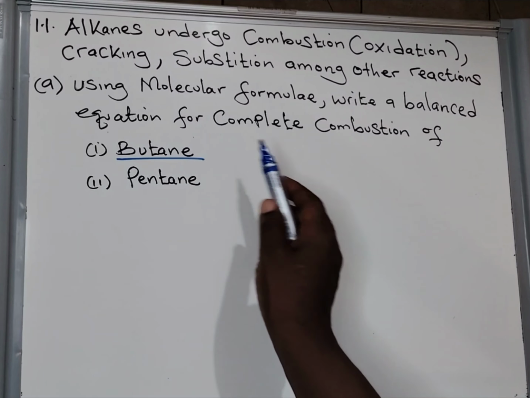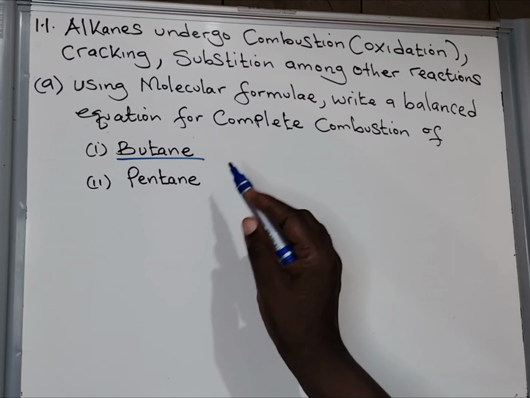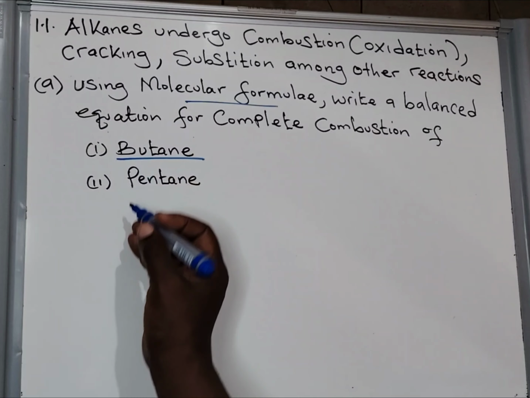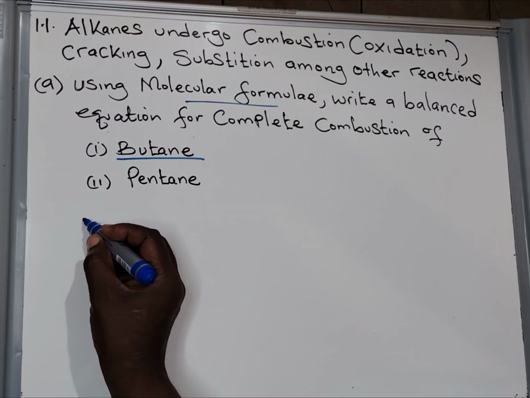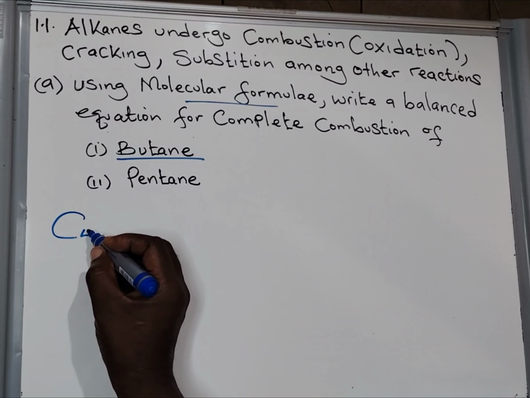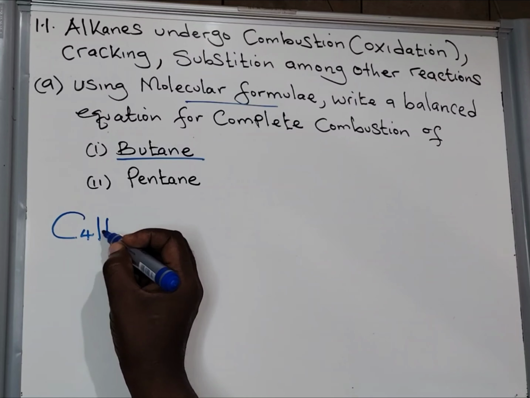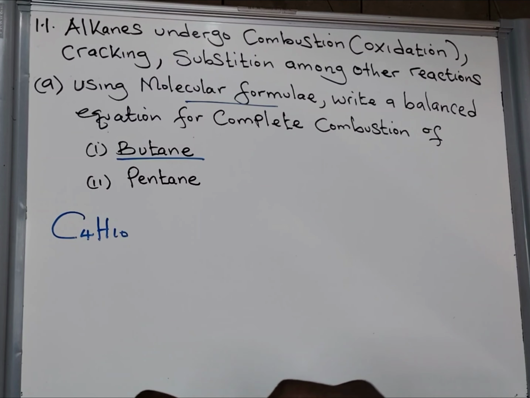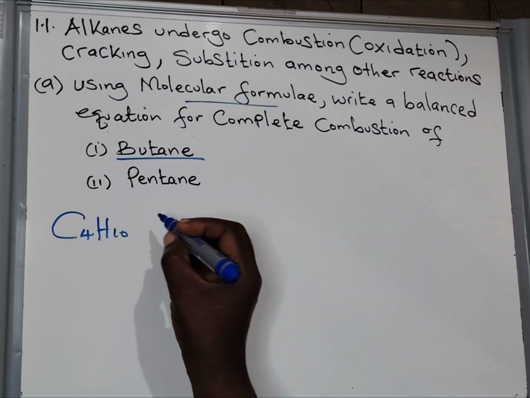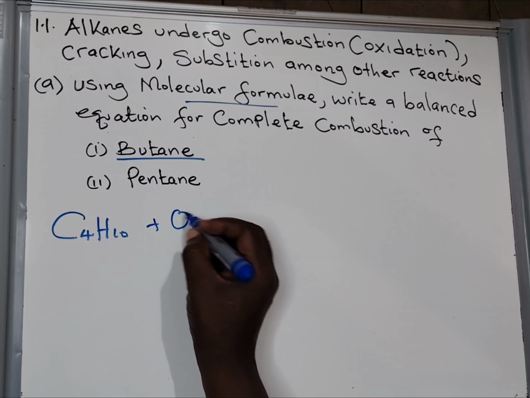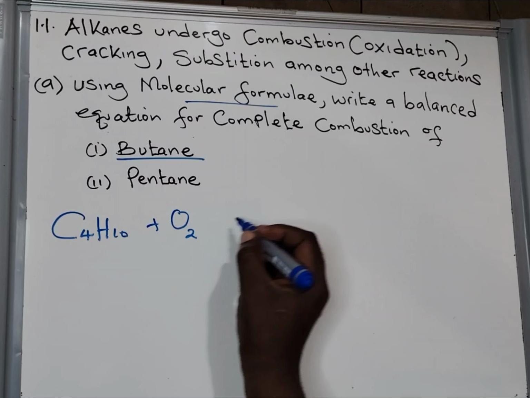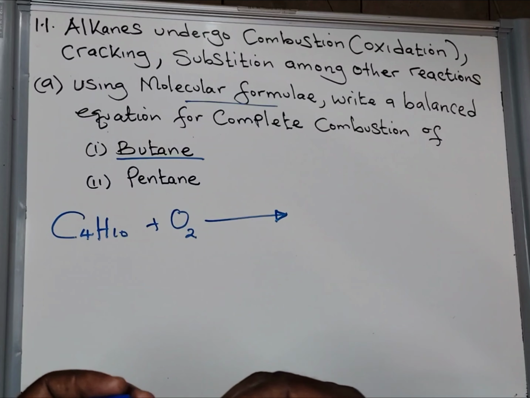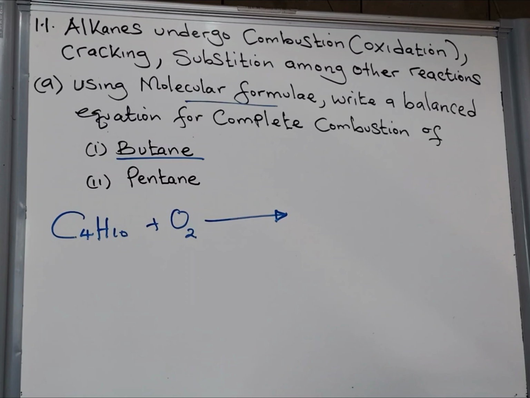Okay, and they are saying that we're using molecular formula. What's the molecular formula of butane? Butane is C4H10. And it is complete combustion, so we are adding oxygen to give us the products. So what are the products of combustion?